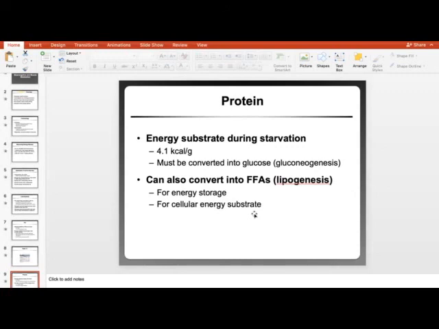So if I don't have any carbohydrate, then I can use my protein stores for energy, for my brain, for my muscles. But again, one of the reasons why you don't want to do that is because breaking down protein costs the body energy, and it's just going to make it more difficult for that process to occur.